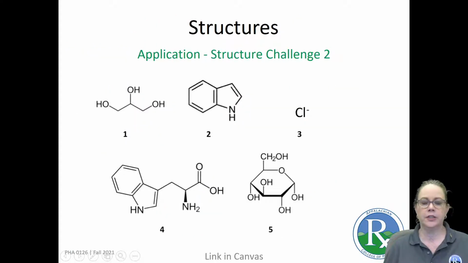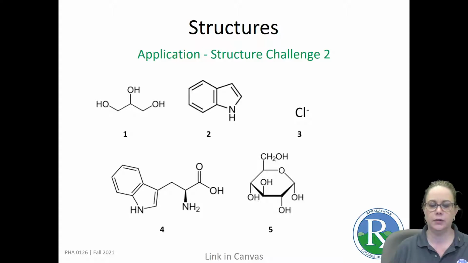This was in your slide set, where we wanted to rank these in terms of permeability. Our indole, very nonpolar, would have the highest ranking, so it would be the most permeable to the membrane. That'd be followed by glycerol, not charged, but starting to incorporate some hydroxyl groups.